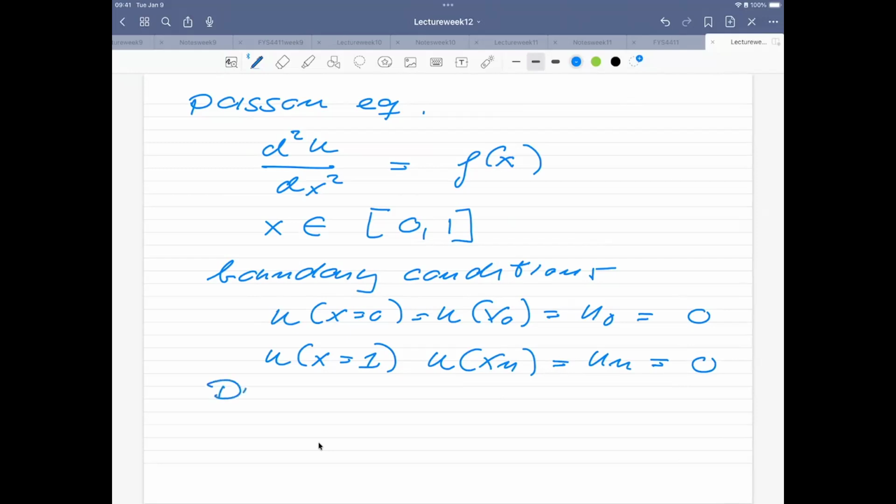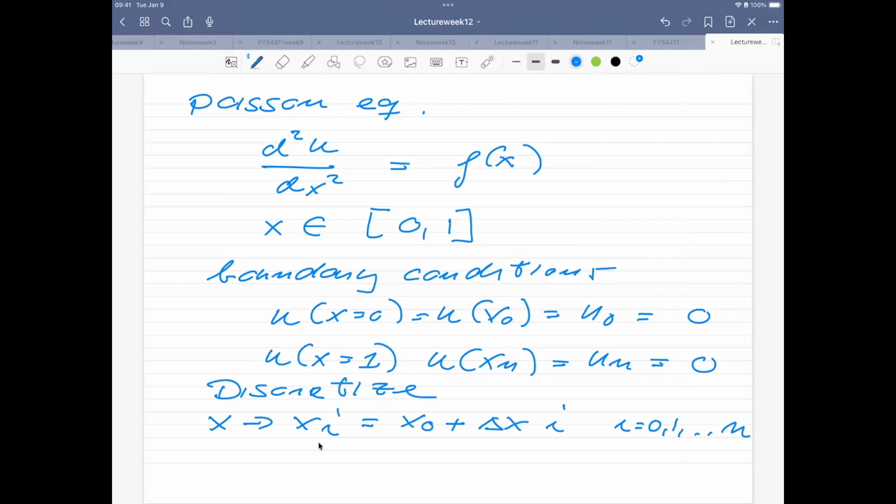When you discretize, let me just do that as a small digression here. Typically we discretize x. In principle, I should use different variables, but I will keep the same type of variable. So this is x_i equals x0 plus some step size delta x multiplied with i, and i goes from 0 up to n.